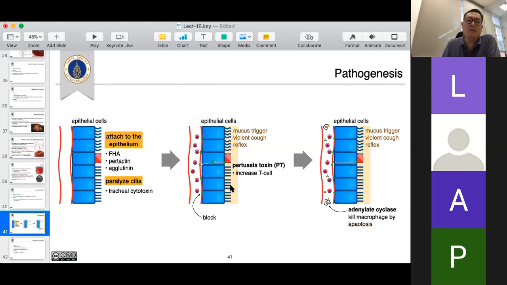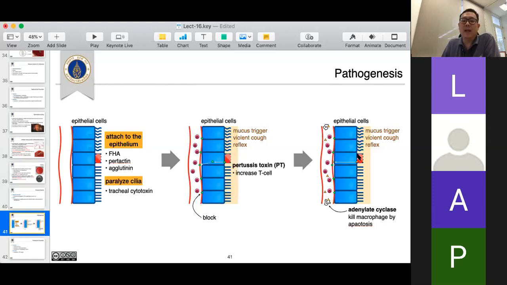One innate response is that your body tries to produce mucus. The mucus even makes your body weaker. You breathe harder, particularly children, and macrophages also come to get rid of the bacteria and the toxin.